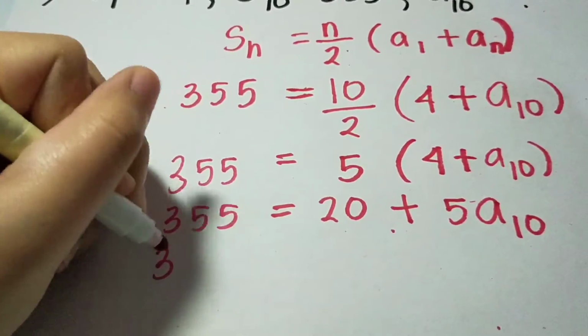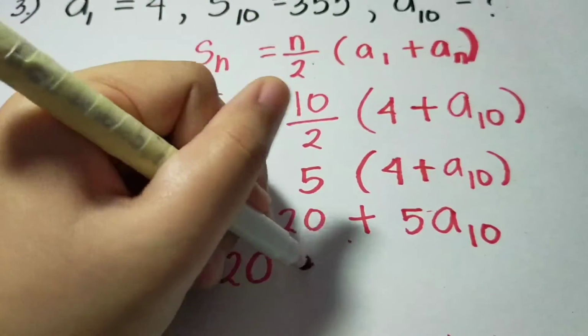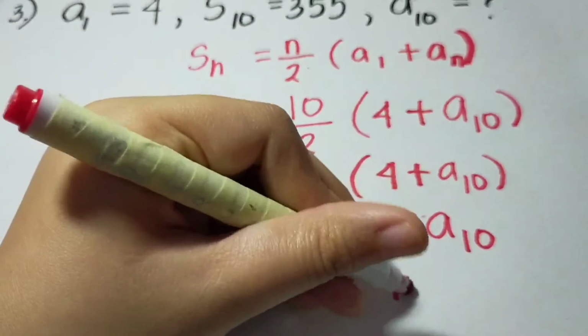It will be equal to 355 minus 20 is equals to 5a sub 10.